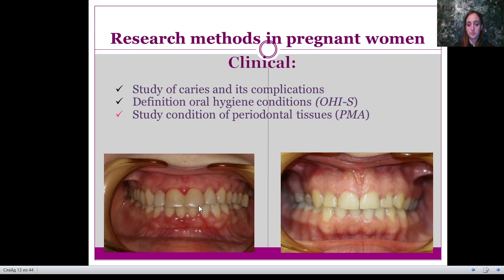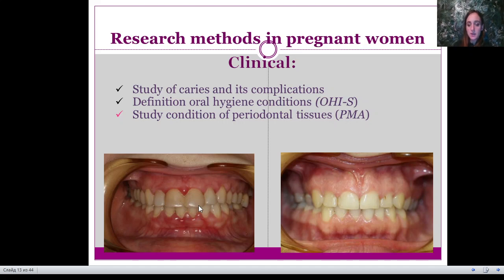Because of course pregnant women have problems with bleeding of gums and gum diseases, and changing hormonal levels during pregnancy mean that the body of this woman will react differently to bacteria on the teeth or on plaque of the teeth.